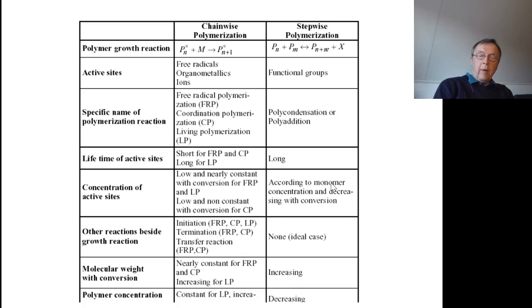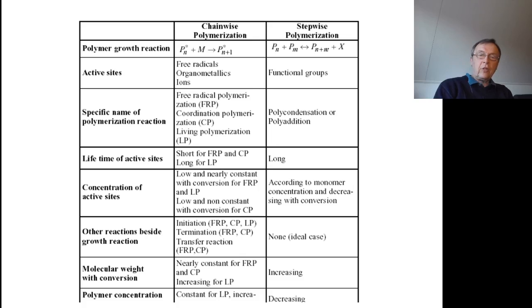In these stepwise reactions, there is essentially the propagation step. That means the step that causes the growth of the macromolecular chain. In the other type of reactions, we have a combination of elementary steps.